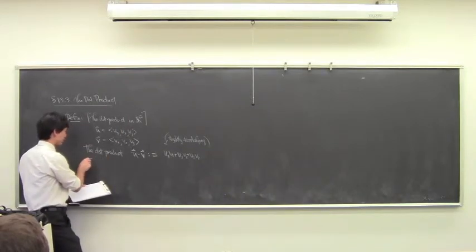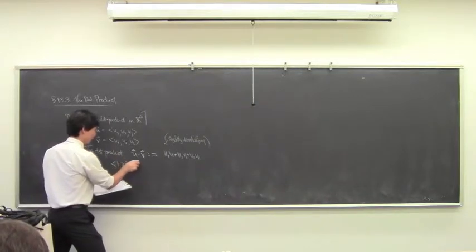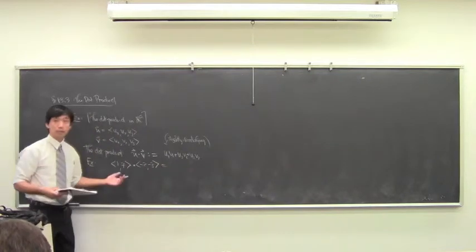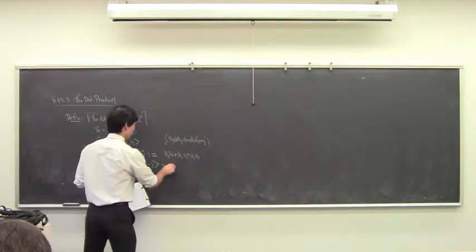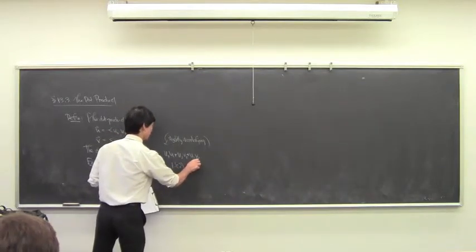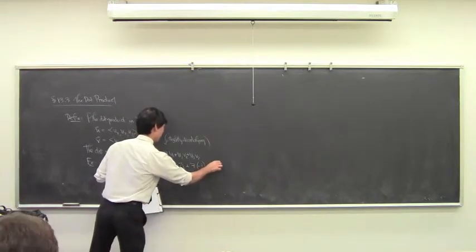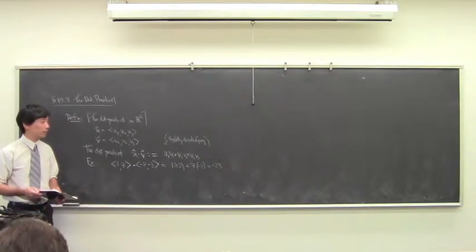So for example, if you take 1, 7 dot -2, -3, you're just going to take the product of the corresponding components. So you take 1 times -2, and then you add on 7 times -3, so it's -23. That's the dot product of these two vectors.